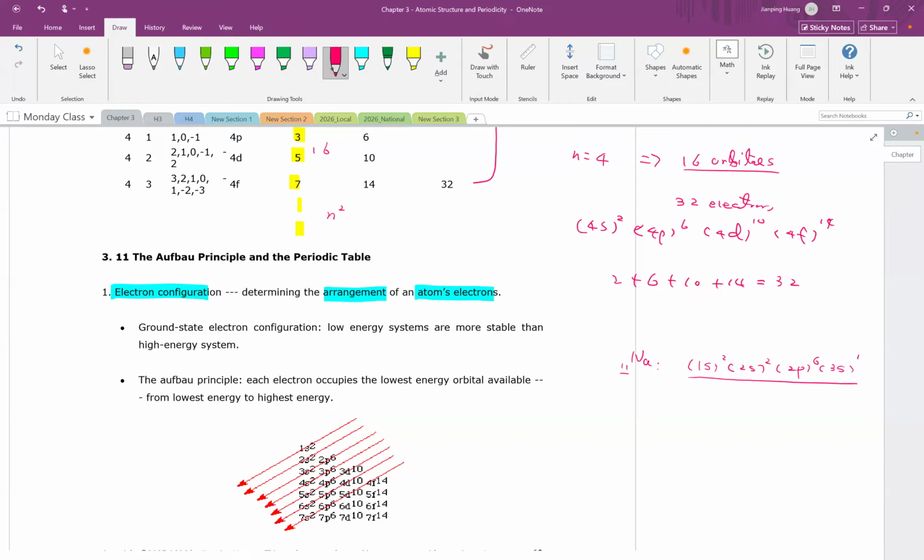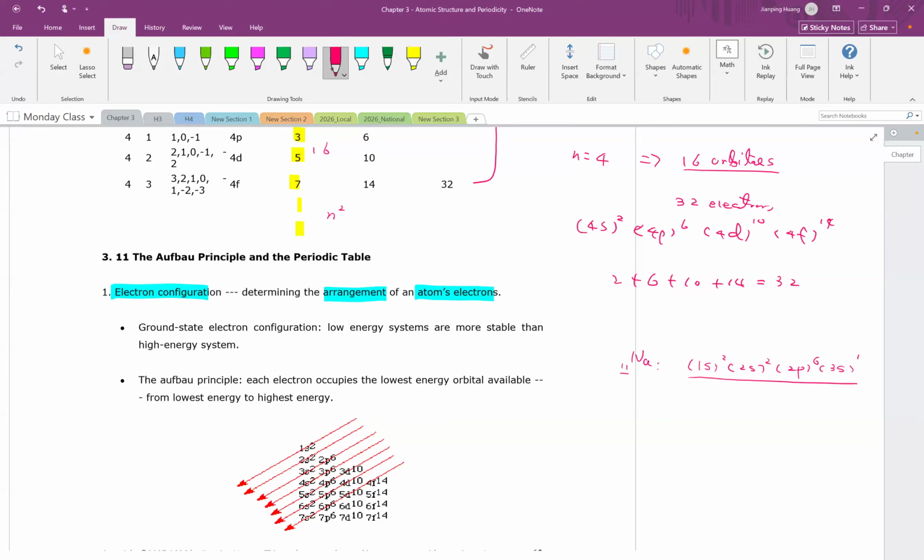Very powerful class, William. Why? Once we learn electron configuration, we are going to determine how we lose electrons, how we gain electrons, how much energy is required to lose an electron. When we add an electron, how much energy will be released?